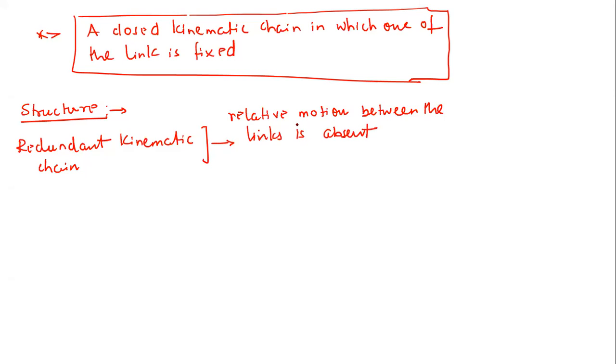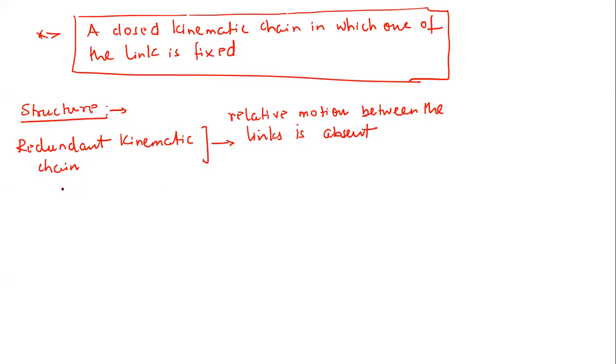That means we are referring to a series of links connected by kinematic pairs, but if these kinematic pairs don't have any relative motion between them, or the relative motion between the links is zero, then in that case we call this a redundant kinematic chain.